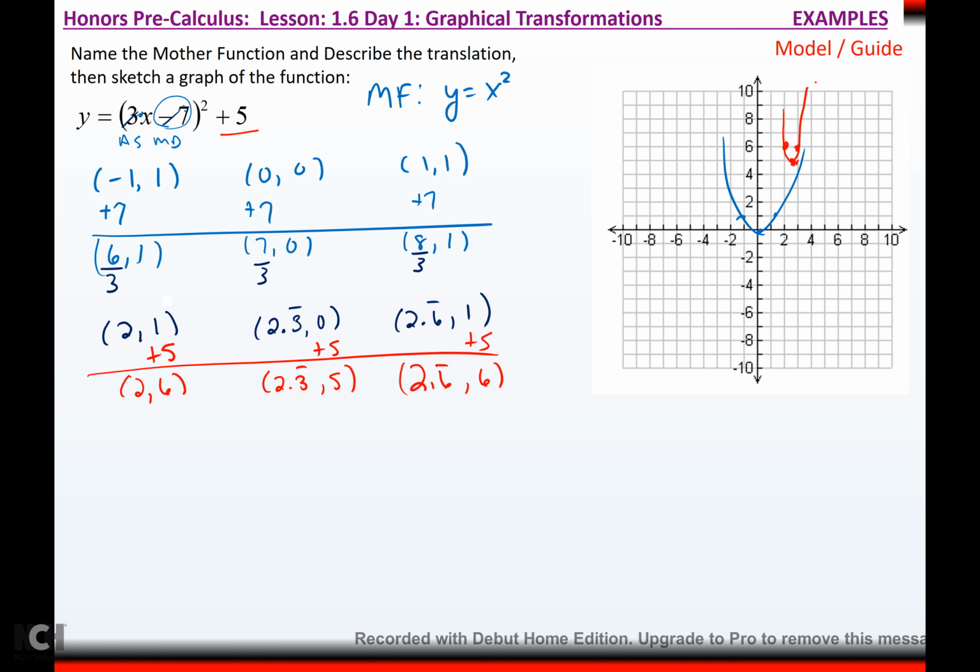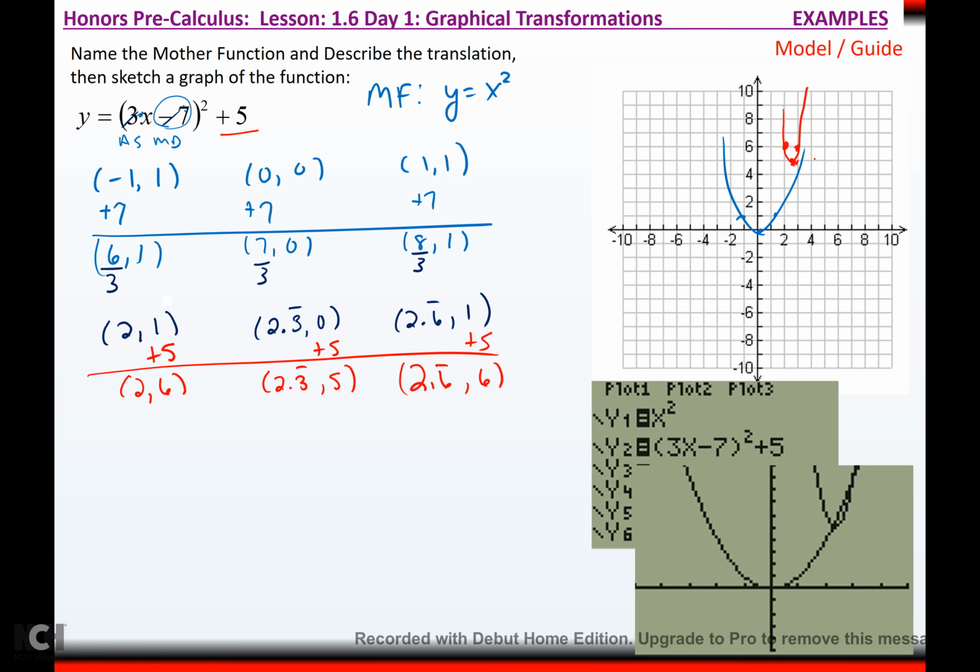It's really tiny. Okay. Alright, so if we look at the graph, sure enough, if this kept going, this would actually cross it. Okay. So I'm pretty close.